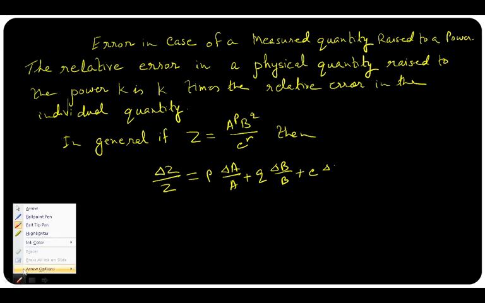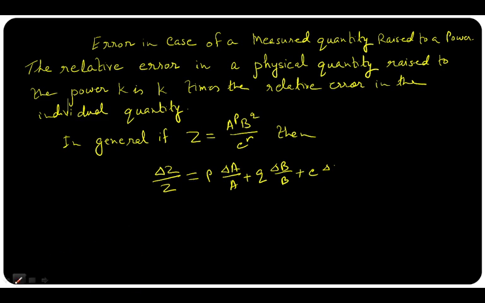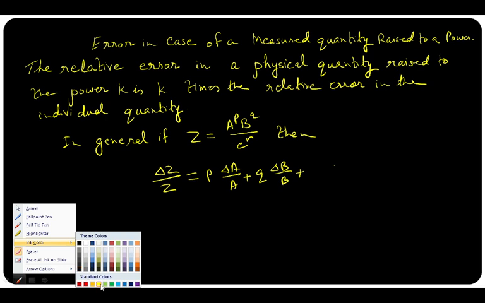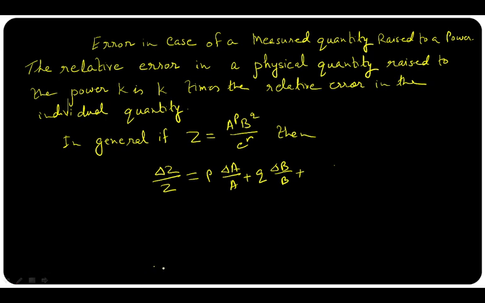This is the factor we will get here: p del a by a plus q del b by b plus r del c by c.